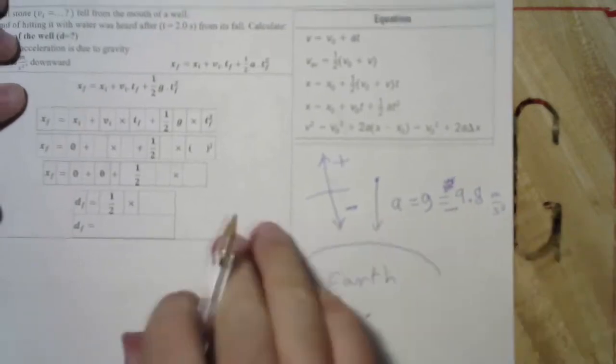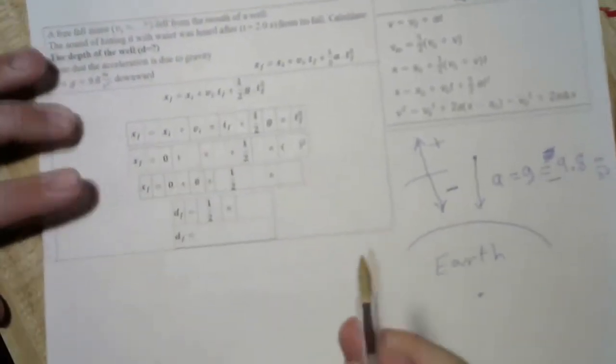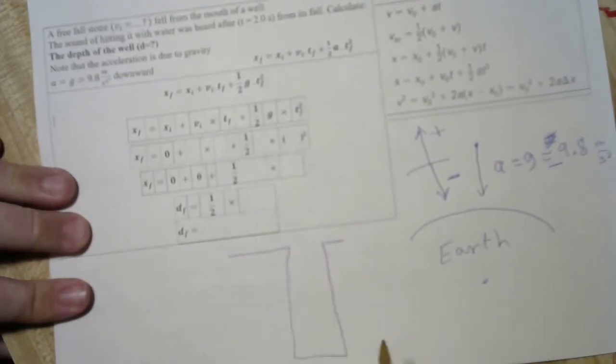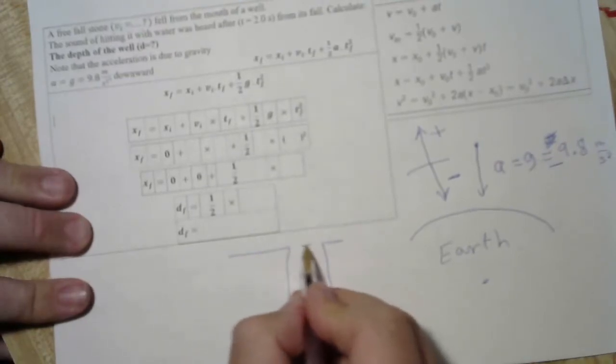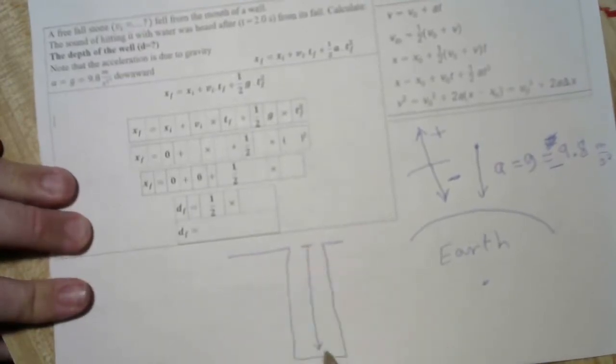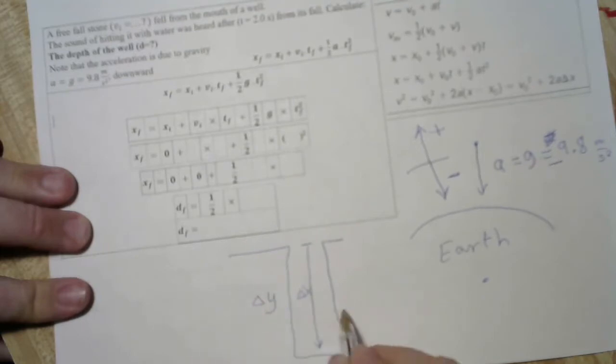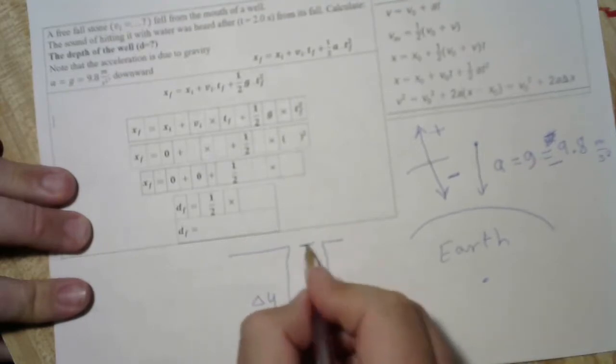This is simple. For this example, I need to find the depth of the well. So the depth will be downward. It is delta x or delta y or h or d, but it will be downward.